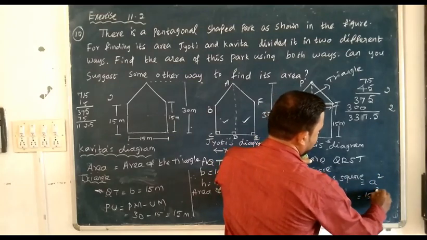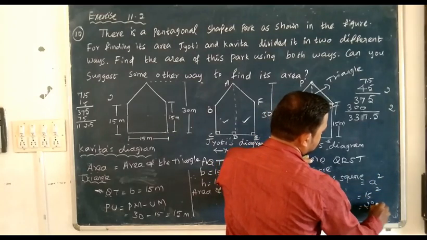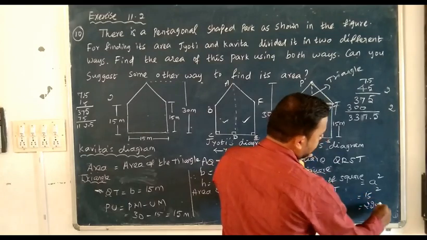So 15 squared, so 225. So the area of the square equals 225 meter squared.